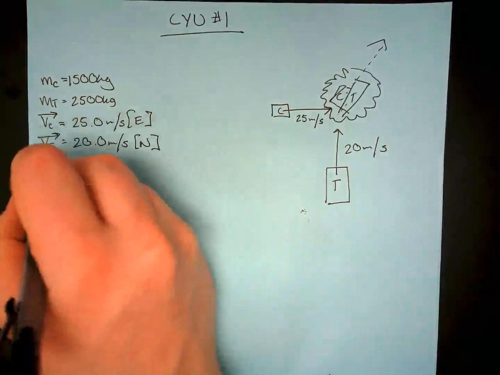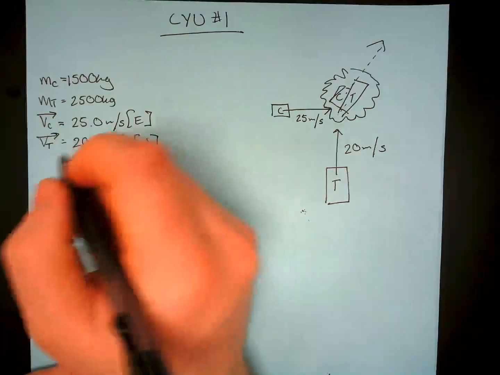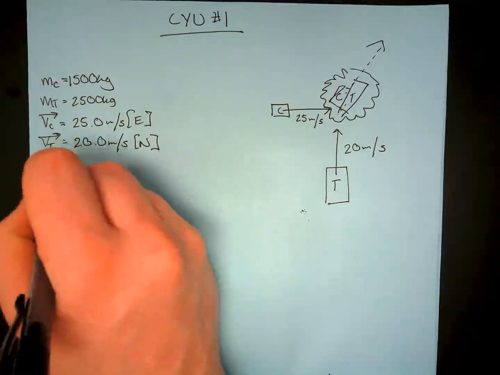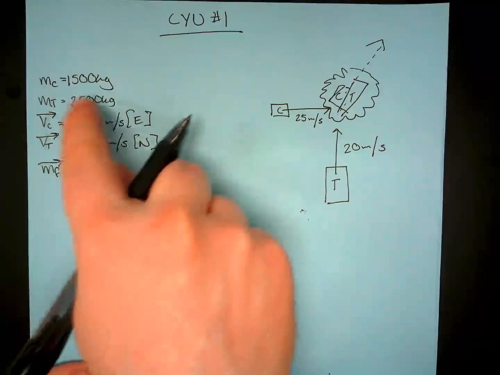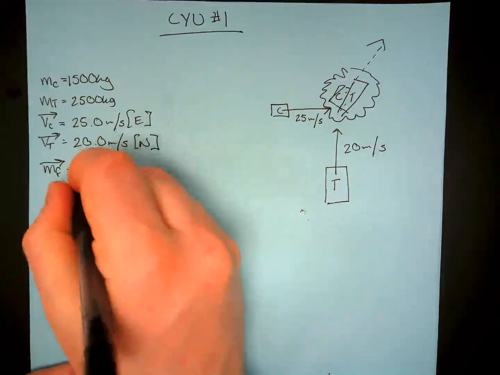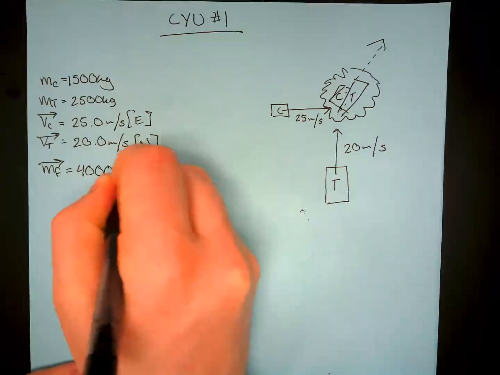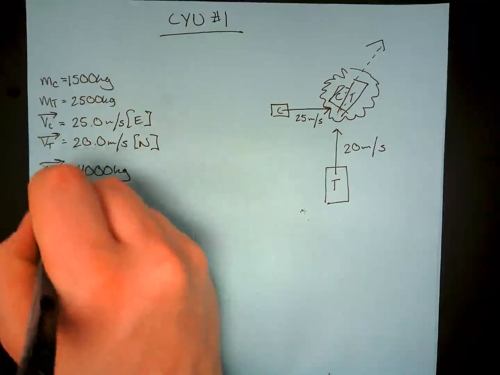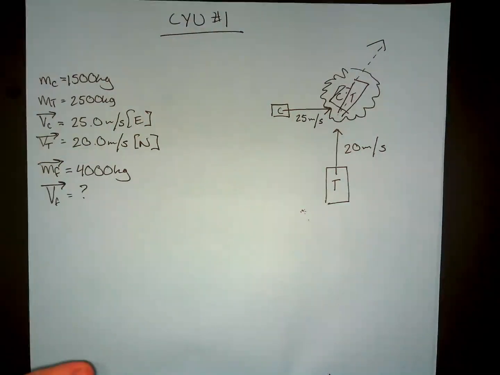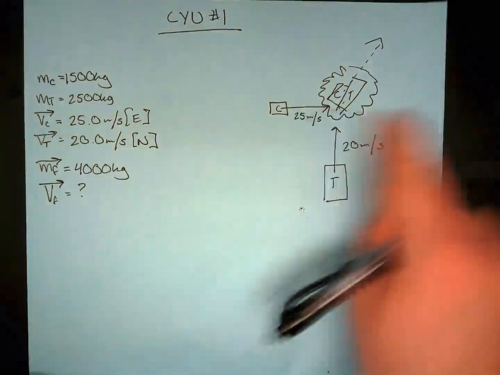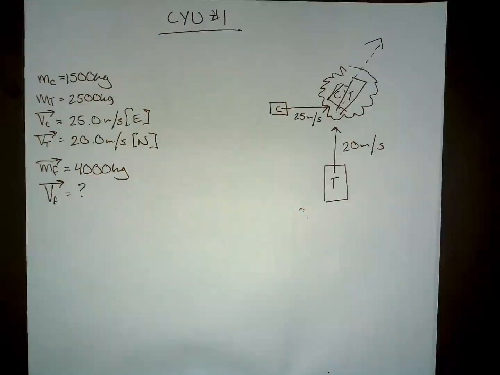What we're trying to find here is the final velocity of all this. But first I'll put down the final mass, which is just the combined mass of these 2, 4,000 kilograms. We're trying to find the final velocity, not just the magnitude but also the direction, because there will be an angle relative to the horizontal.